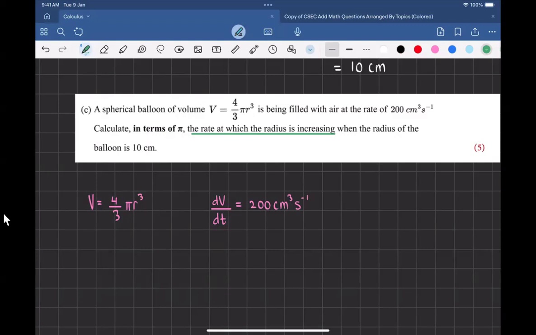dV over dr. Say that again? dV over dr. You have to explain yourself to me, right? Where do you get V from? Tell me where you get V from. I want you to read this more.